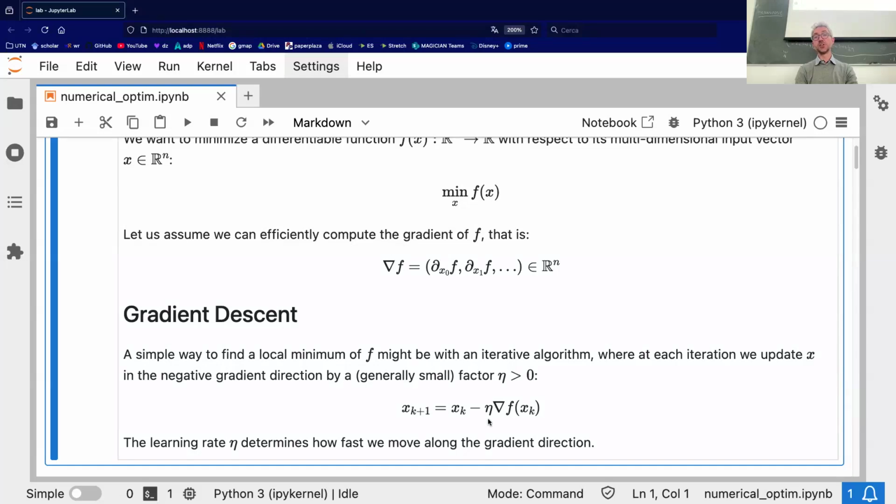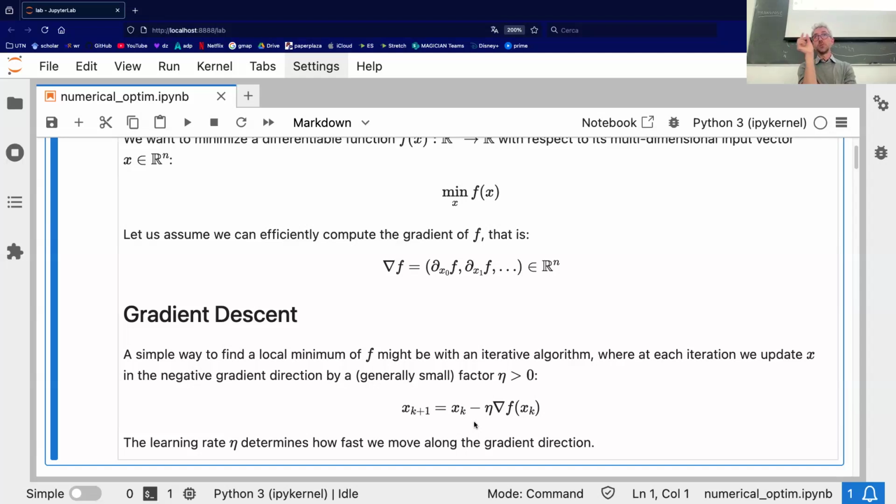And that's going to be, of course, a critical hyperparameter of gradient descent. So we can imagine that if eta is sufficiently small, at each step of this algorithm, the function is going to decrease.